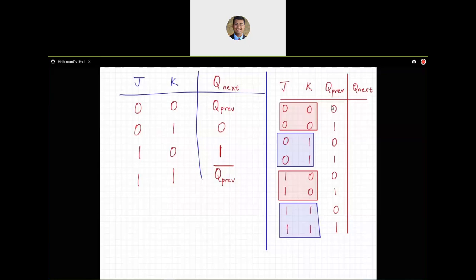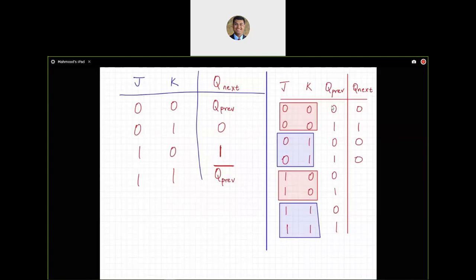So if I look at the first two rows, when J and K are 0, 0, Q next is the same as Q previous. Q previous in this case was 0 and 1, which means that my Q next has to be 0 and 1 respectively. So Q next equals Q previous when J and K are 0, 0. Similarly, for the next two, we are in the kill state, so it is independent of Q previous, and it is going to simply be 0.